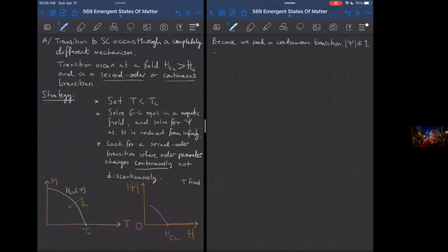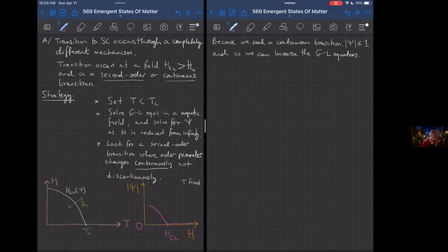And so we can linearize the Ginzburg-Landau equations. So let's write down the Ginzburg-Landau equations.